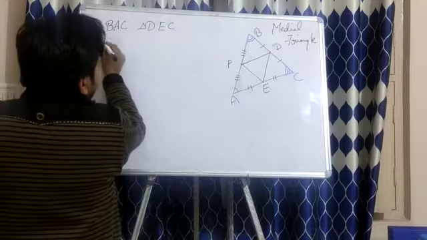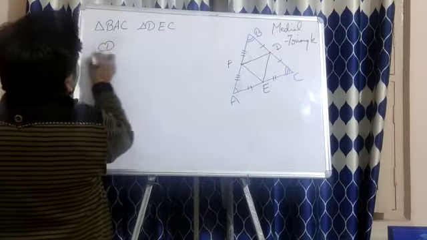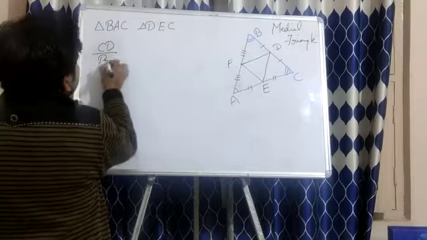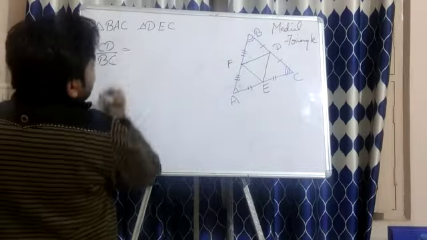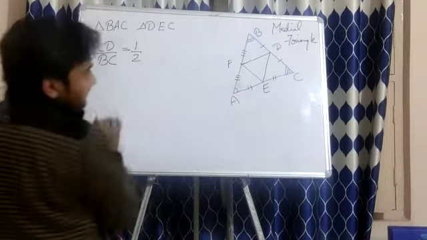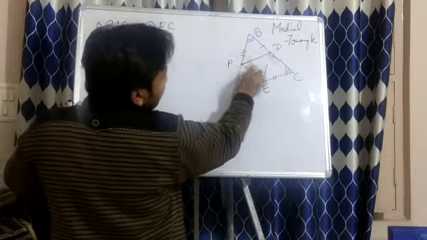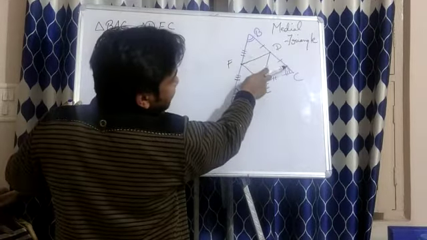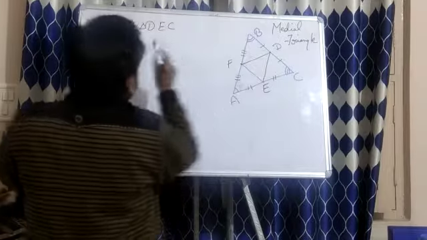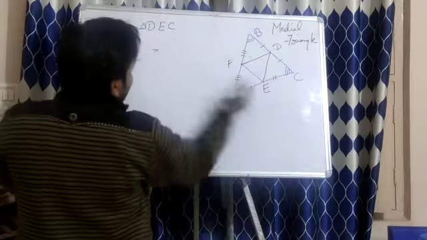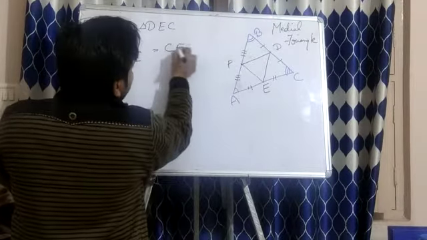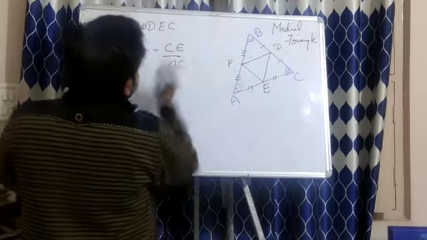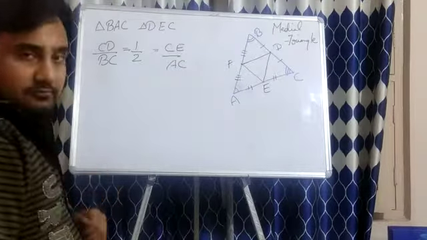Also, we know that CD upon BC is equal to half. Why? Because BD is equal to DC, therefore this side will be half of the side BC. Again, if you look at CE upon AC, the ratio is again half.